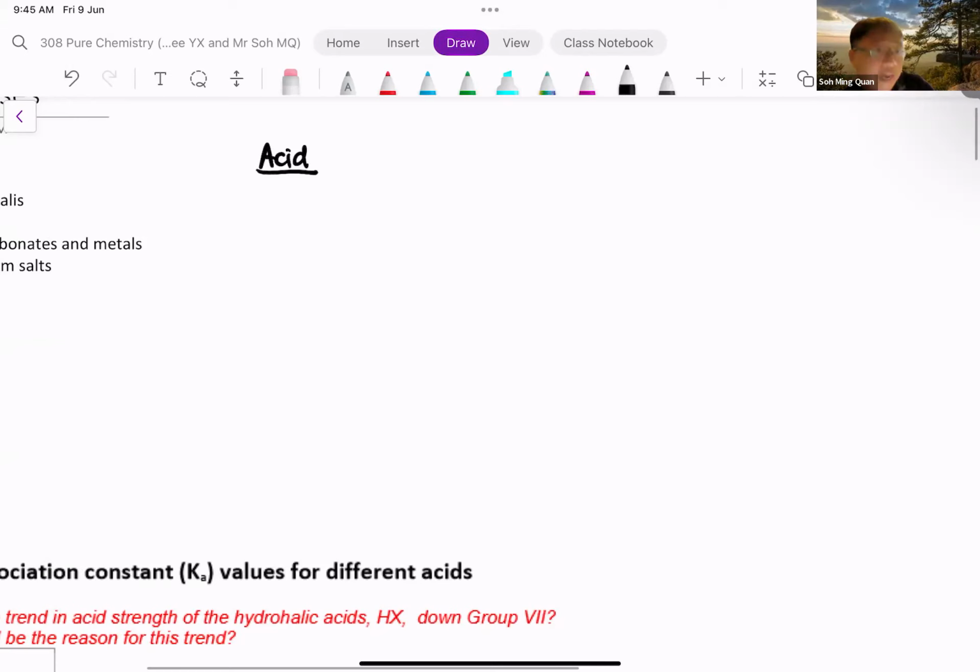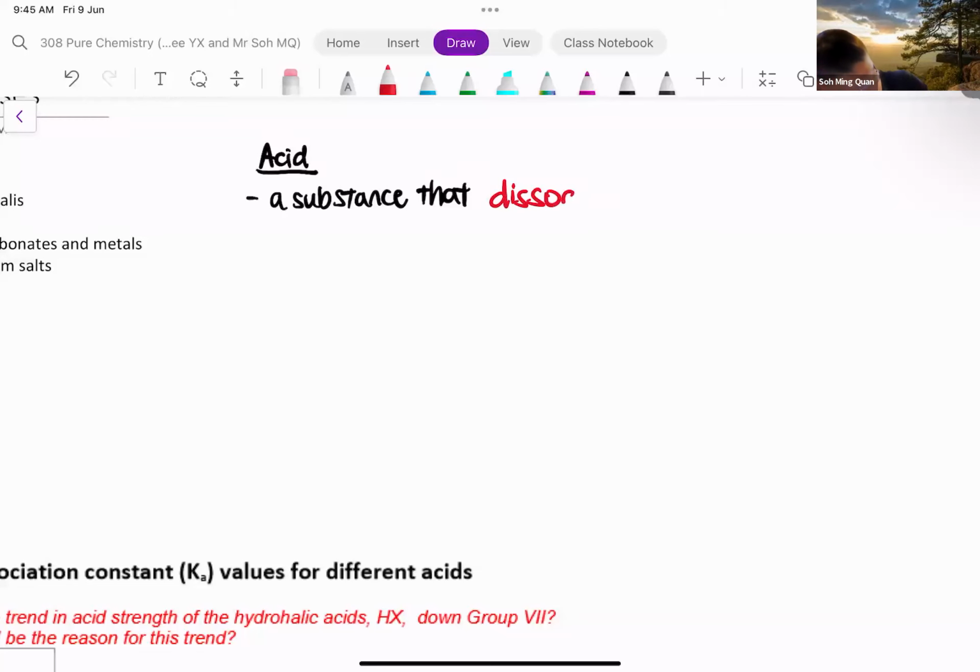So I'm sure you know by now, an acid is a substance that dissociates and ionizes.